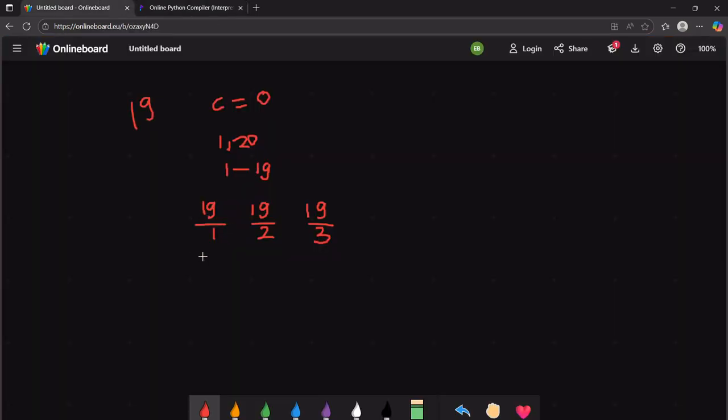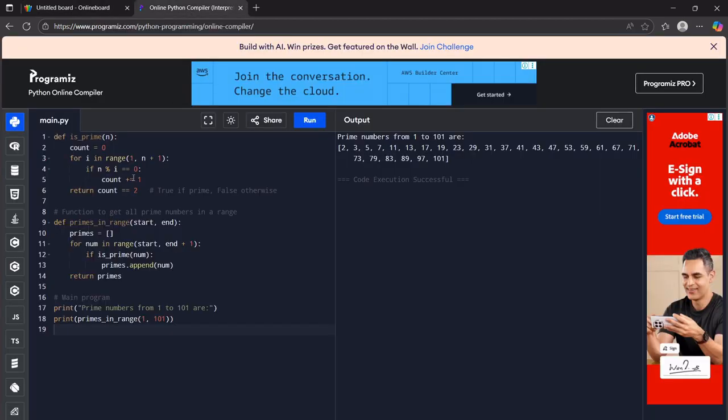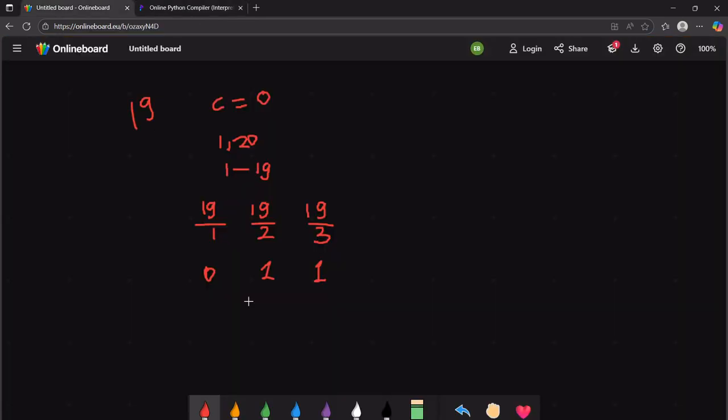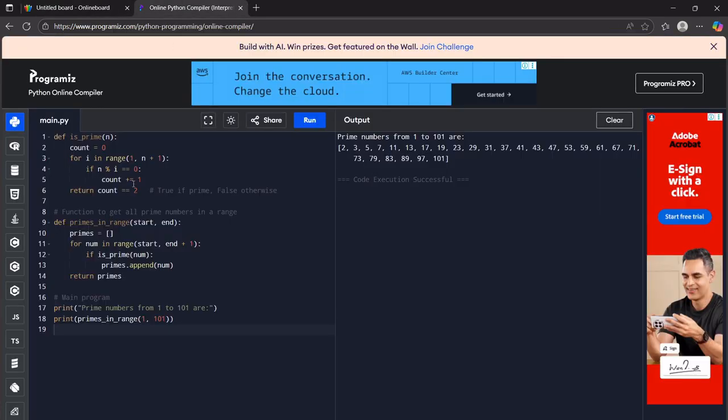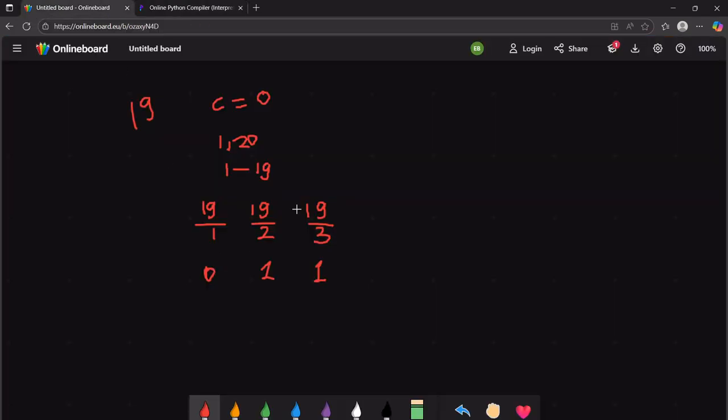As you see here, it will not give us remainder 0. It will give us remainder 1. Here it will give remainder 0. Here it will give remainder 1, and here also remainder 1. Whenever we get remainder 0, we have to increase the count.